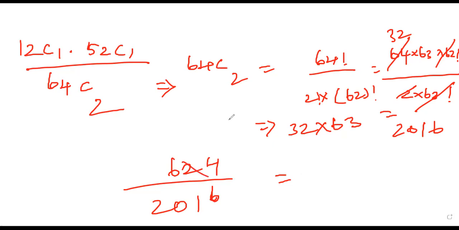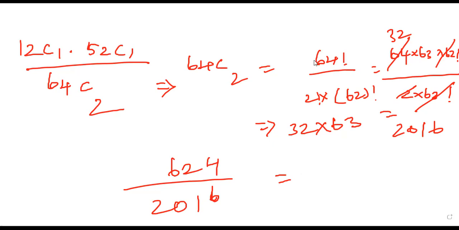Reduce this. It would be 624 over 2016, which simplifies to 39 over 126.